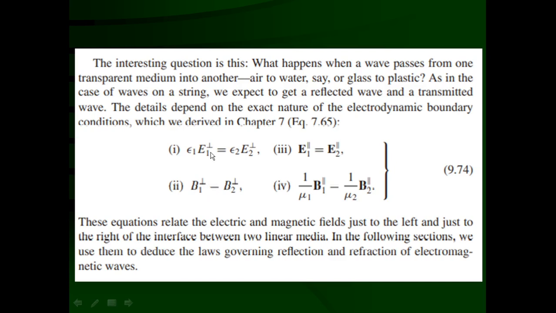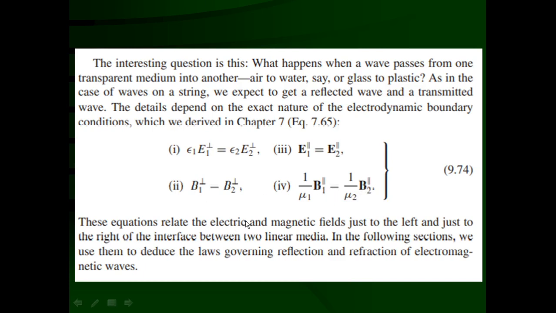So equation 1 and equation 2 relate the perpendicular components to the surface, and equation 3 and equation 4 relate the parallel components to the surface. E1 parallel is equal to E2 parallel, and for the magnetic field the relation is: 1 upon mu1 B1 parallel is equal to 1 upon mu2 B2 parallel. This is not a minus sign, remember, it is an equal sign.